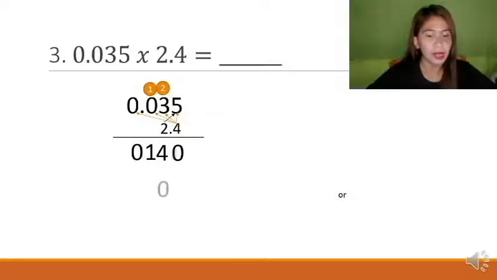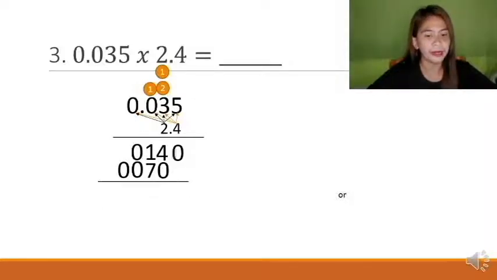Okay, so bring down kag 0, carry ka og 1. Ibabaw sa 3. So, 2 times 3 is 6. Plus 1, 7. Next, 2 times 0 is 0. Next, the last 0 sa first given, 2 times 0 is 0.